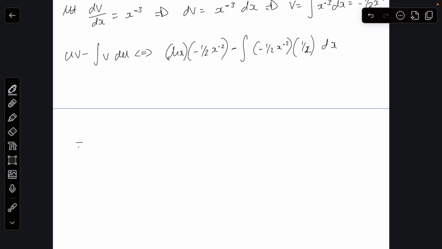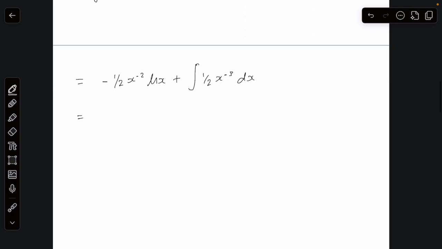Putting that all together, what do we get? Well, that's going to equal minus a half x to the power minus 2 ln x, plus the integral of a half x to the power minus 3 dx.